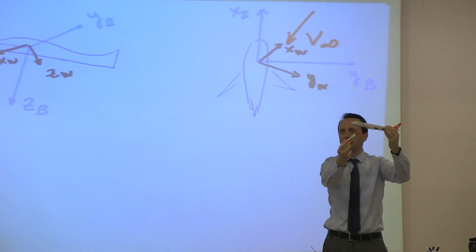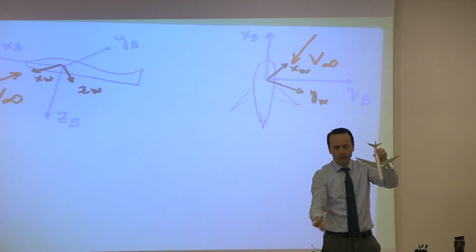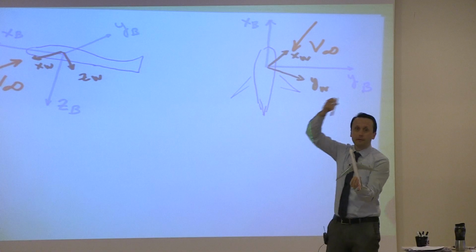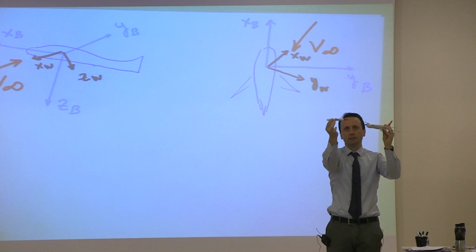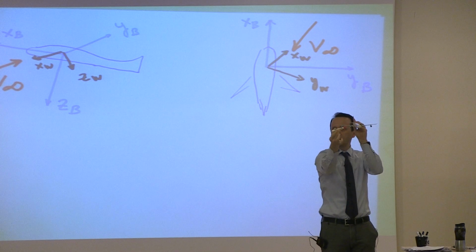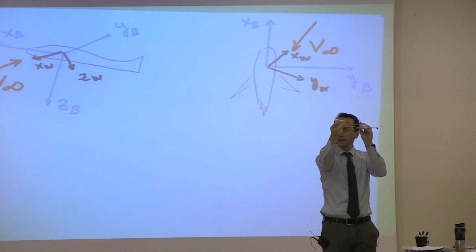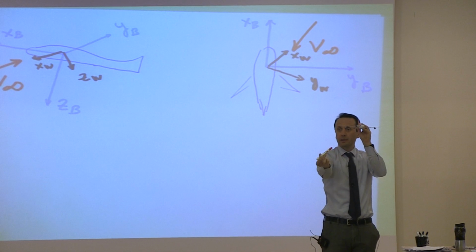That's one picture. The other picture is, if you look from the top, V infinity seems to be coming from the side. So rotate the picture, V infinity is coming from the side. So it is both coming from the bottom and from the side, which means in 3 dimensions, V infinity is something like that.